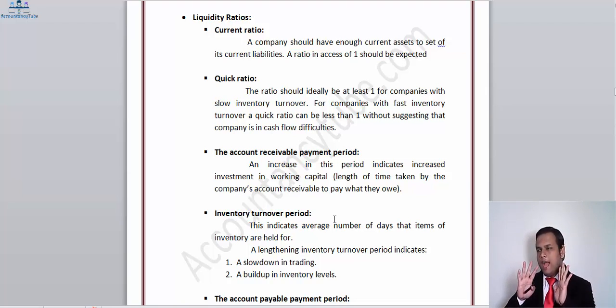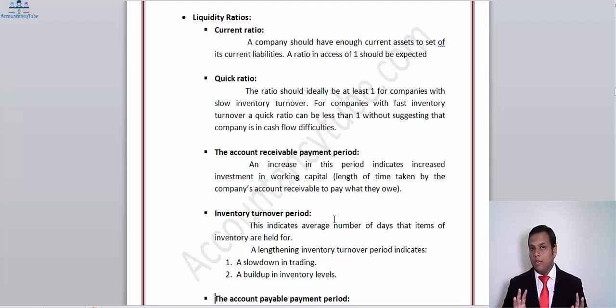We are taking out the impact of inventory over here, so it can be less than 1, but not significantly less than 1. However, in a slow inventory turnover scenario, we expect that the quick ratio, just like the current ratio, should be at least 1.